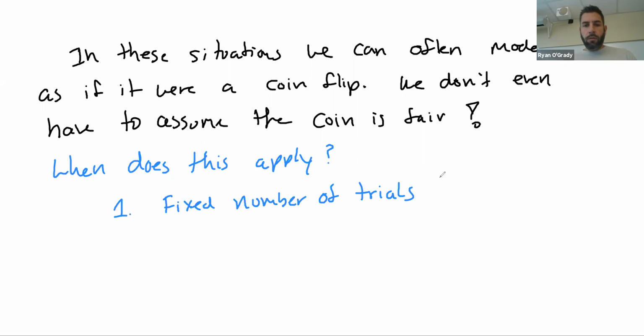What does this mean? This means I'm going to flip a coin six times, 37 times, 15 times, 847 times. We usually use, say, n trials.